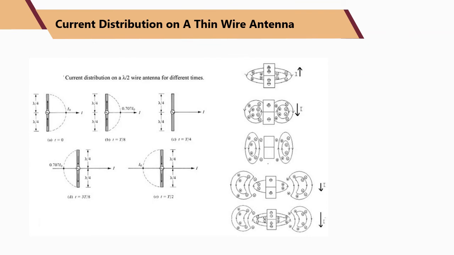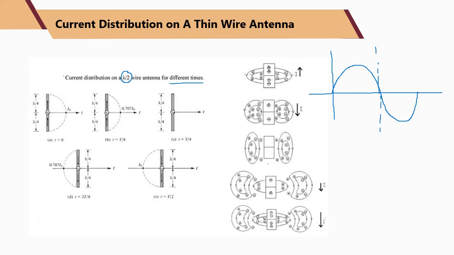This slide represents the current distribution on the same size of lambda over 2 but at different times. Different times means different points in this cycle, so what happens at different time intervals.